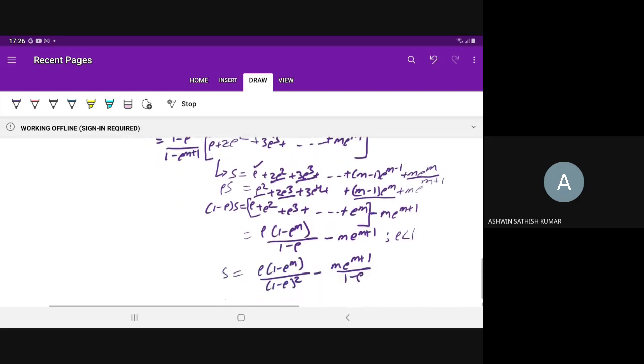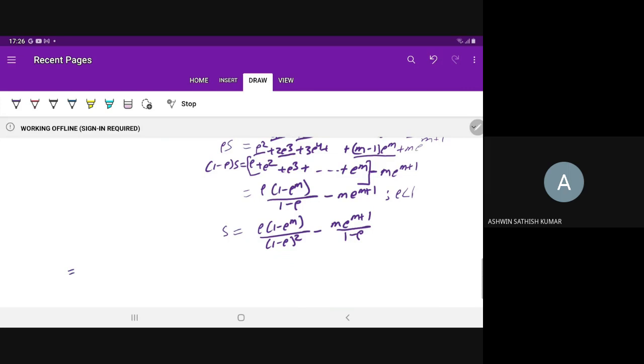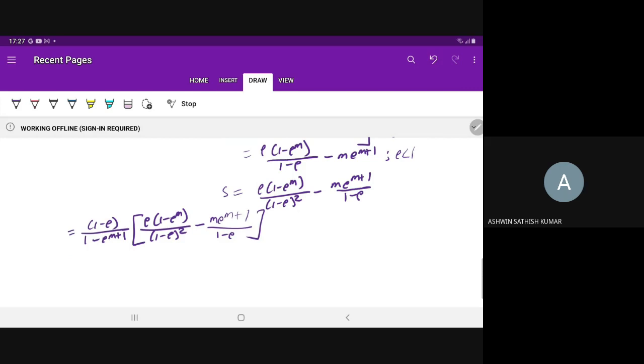So when we put this required sum here, what is P naught? P naught is 1 minus rho upon 1 minus rho to power m plus 1. And what is S? S is rho into 1 minus rho to power m upon 1 minus rho whole square minus m rho to power m plus 1 upon 1 minus rho. That is your L. If you solve it, here we have 1 minus rho upon 1 minus rho to power m plus 1.